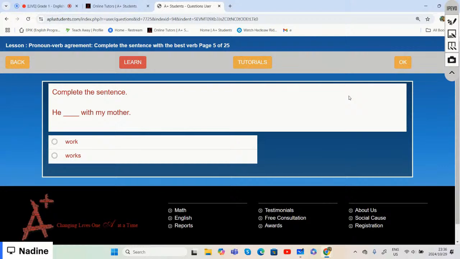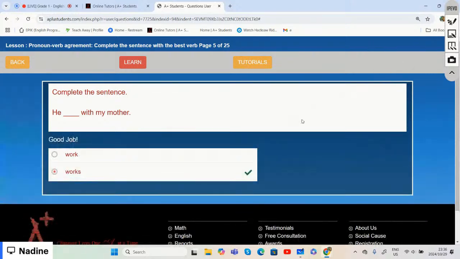So he, remember we said if one person does something, then our verb ends with an s. So we say he works with my mother. So well done.